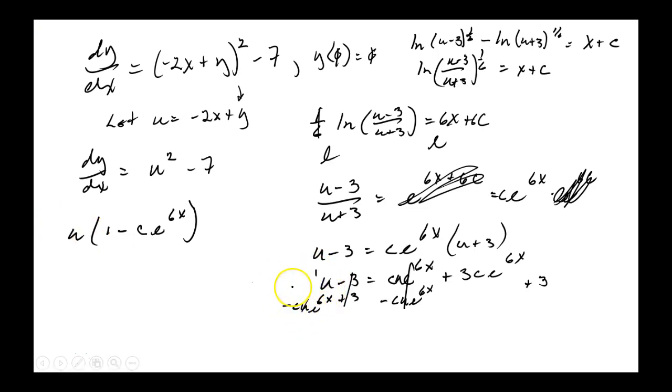That becomes a 1 minus c e to the 6x. That's equal to 3 times c e to the 6x plus 3. All right, so let's divide everything by, no, plus 1, sorry, plus 1, yeah. Okay. But I'm going to reverse the order of those again. So u is equal, I'm going to divide everything by 1 minus c e to the 6x.